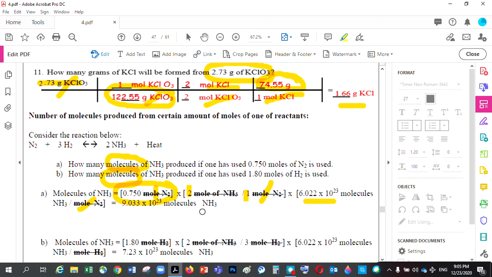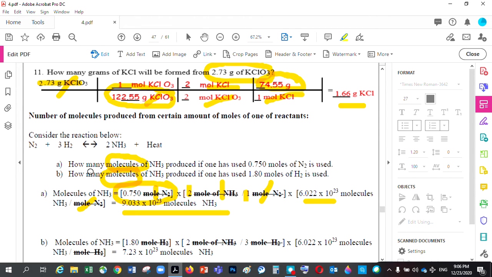So mole ammonia cancels out with mole ammonia here, correct? And then you do the calculation, 0.750 multiplied by 2 multiplied by Avogadro's number gives you the number of molecules of ammonia.